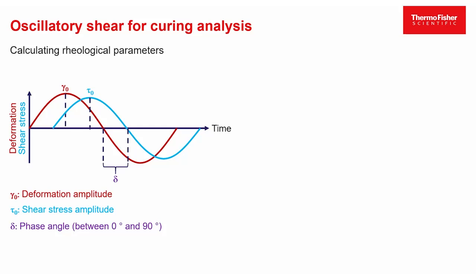And this phase shift is also called the phase angle delta, and is a measure for the sample's overall behavior. A shift of 0 degrees corresponds to a purely elastic material, and when this is occurring, both curves are overlapping each other, whereas a shift of 90 degrees corresponds to a purely viscous material. Usually, most of the samples range between 0 and 90 degrees.